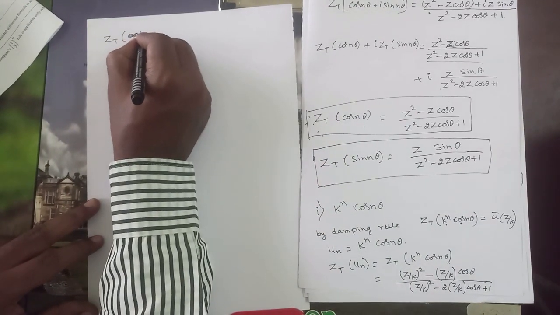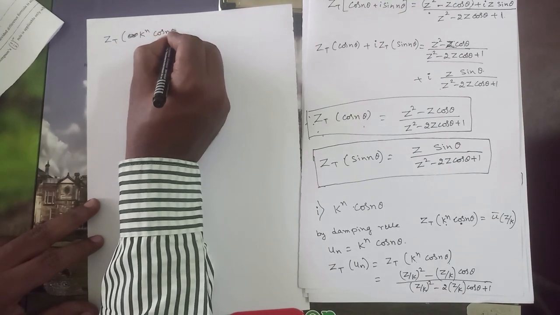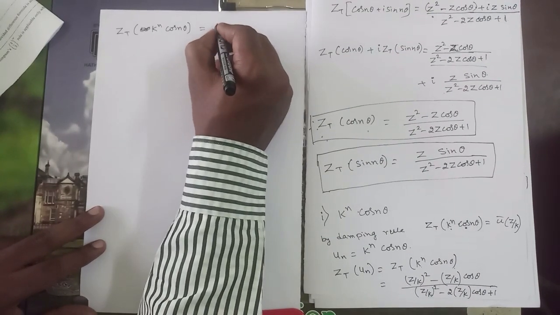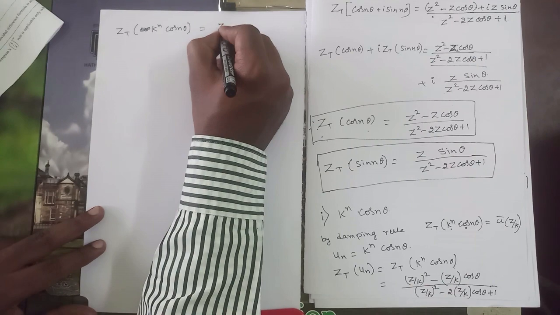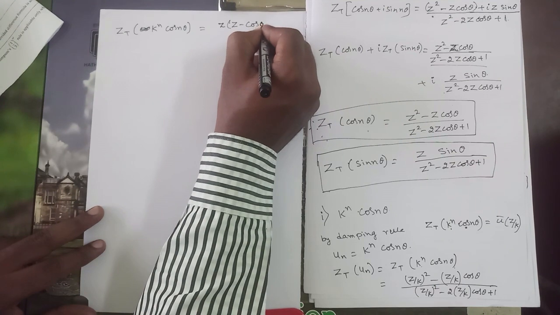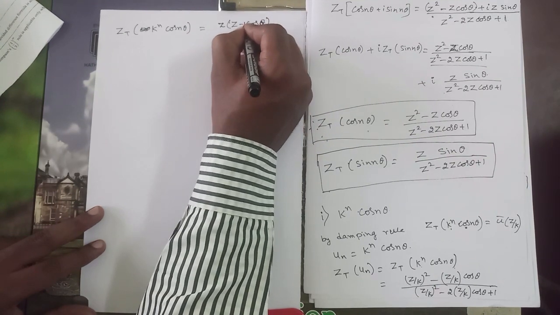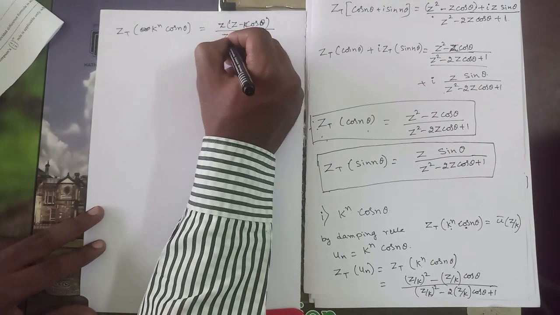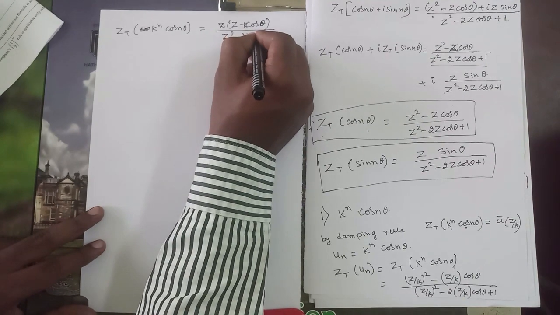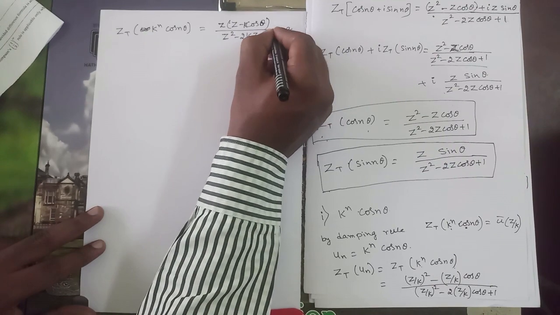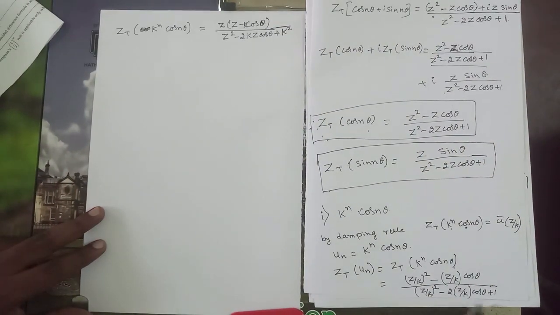So the Z transform of k to the power of n into cos n theta equals, I'll write the final answer here, z into z minus k cos theta, whole divided by z square minus 2kz cos theta plus k square. Take k LCM, so we will get the final result.